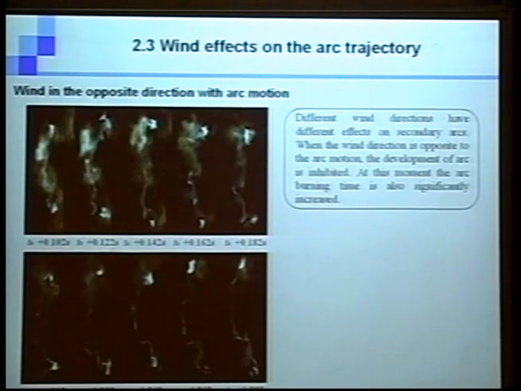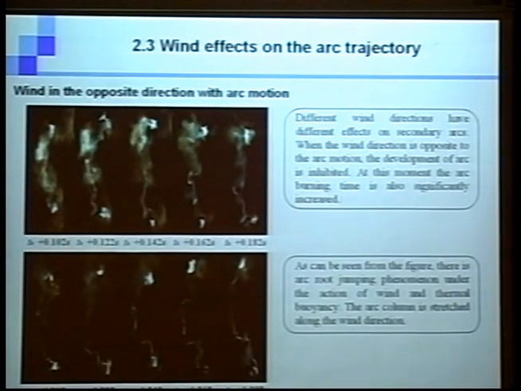It means it will hamper. At this moment, the arc burning time is also significantly increased. It means the arcing time becomes longer, when the wind direction is opposite to the arc motion itself.